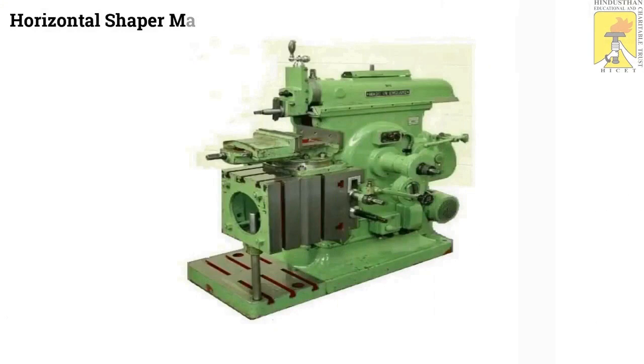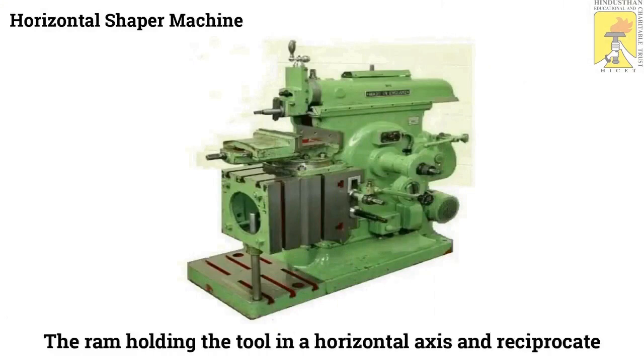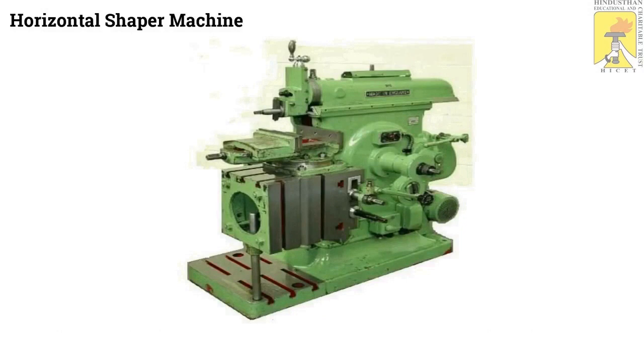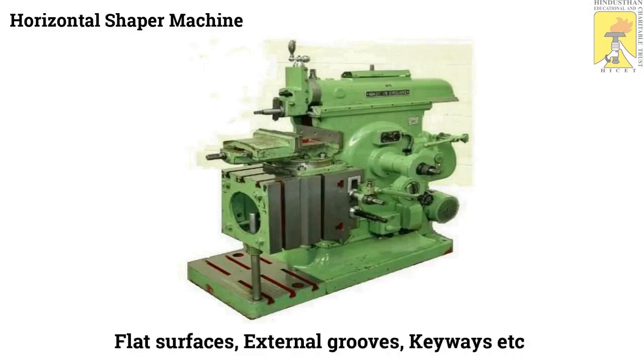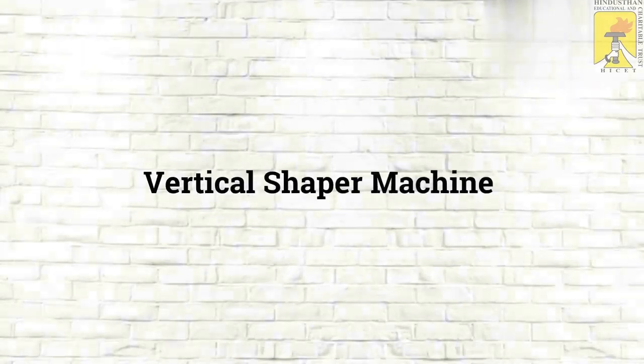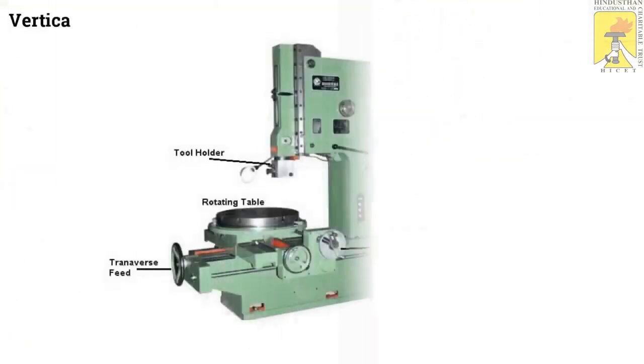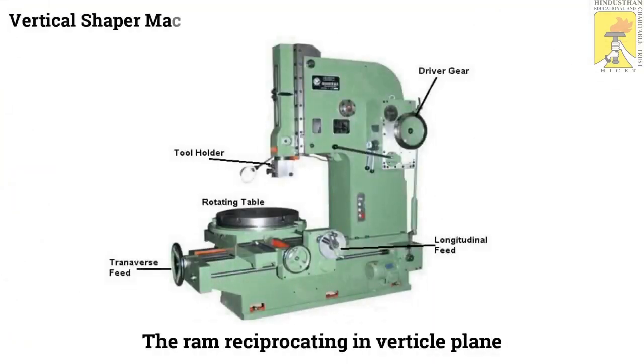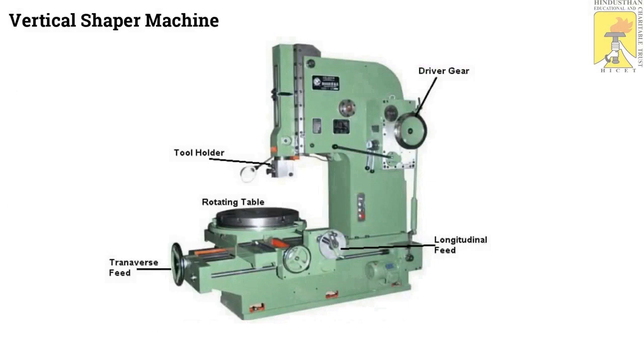Horizontal shaper machine. It is the normal, widely used industrial machine. The ram holding the tool reciprocates along a horizontal axis. Flat surfaces, external grooves, and keyways can be machined. Vertical shaper machine. In other words, it is called a slotter machine. The ram reciprocates in a vertical plane.